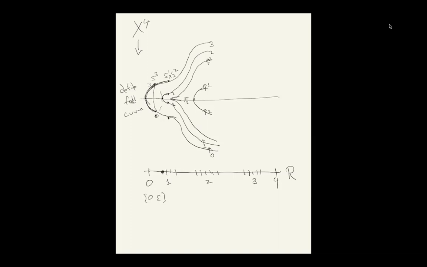And now I want this 2 handle to not just be somewhere in the 3 manifold, but I want it to lie in that surface. So if you have a surface, if you stabilize that surface, you can get the attaching circle of this 2 handle to lie in the surface if you increase its genus.